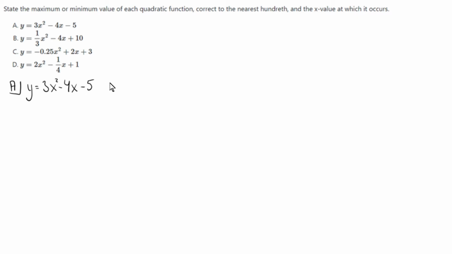We start by factoring out the greatest common factor from the first two terms, which is 3, and that leaves us with x squared minus 4 over 3x. Now we complete the square.